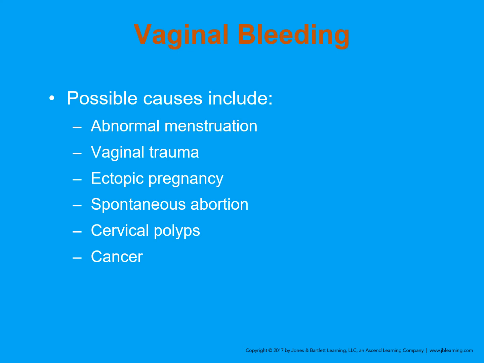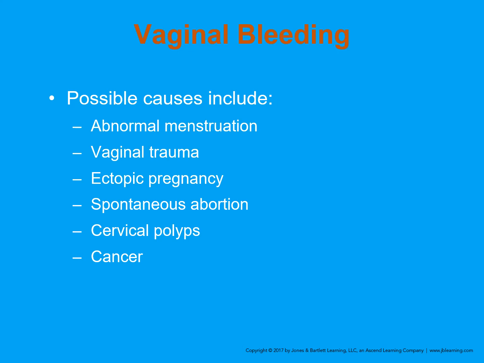And then spontaneous abortion. When we talk about spontaneous abortion, we're talking about miscarriages. The egg has implanted, the child has begun to develop in utero, and for one reason or another, the pregnancy is rejected, and the child is then miscarried and passed through, along with the rest of the products of conception.